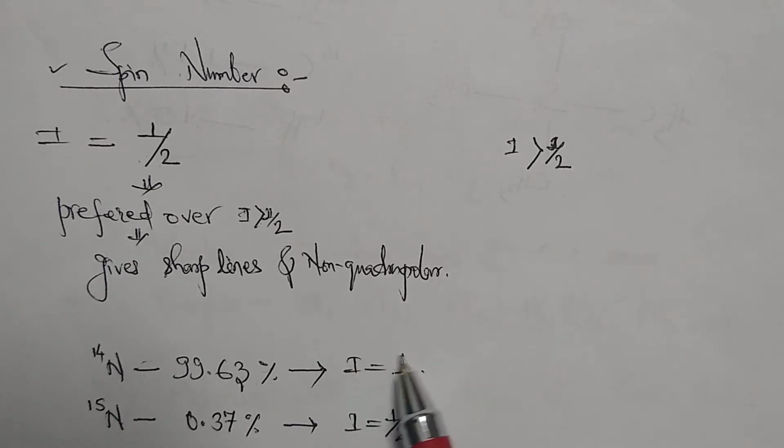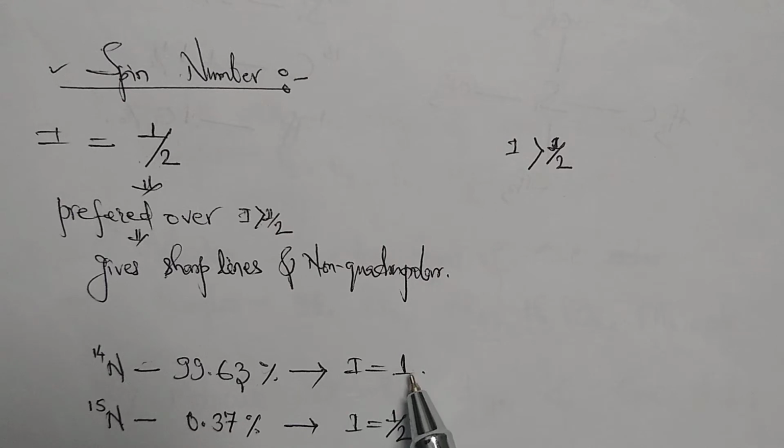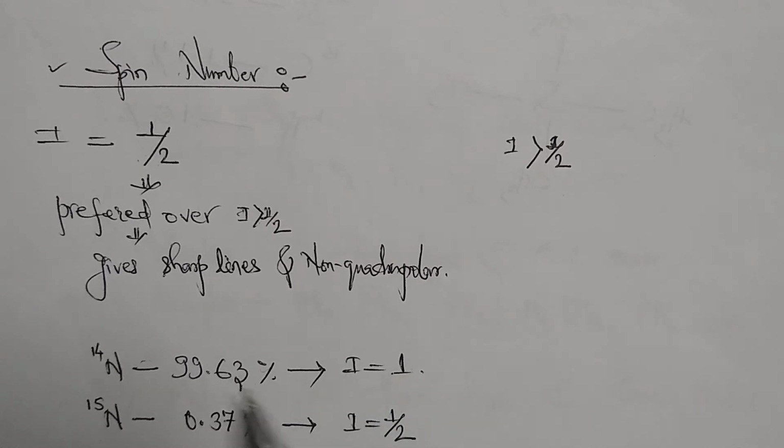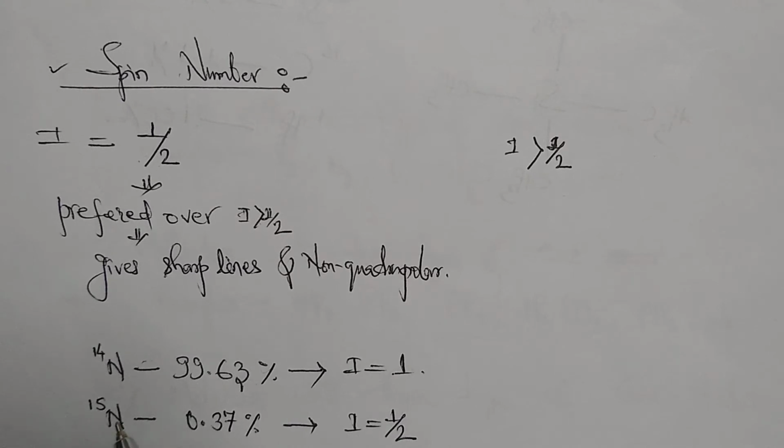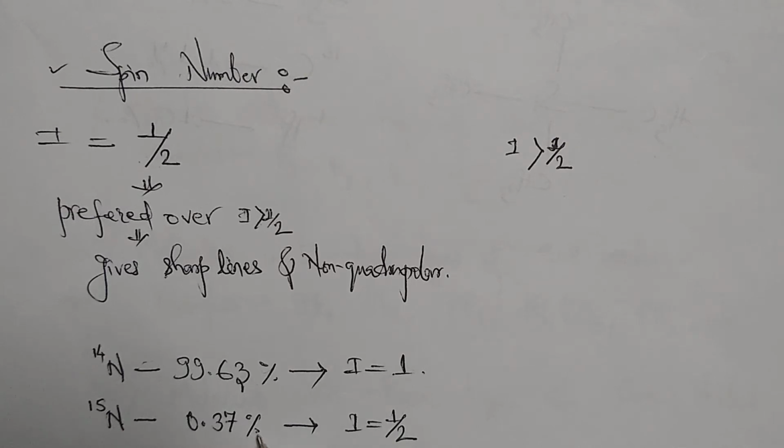As we have already seen, spin greater than half is quadrupolar, so it will not give an NMR signal as it is a non-magnetic nucleus. But 15N, the other isotope of nitrogen, has a natural abundance of 0.37%, which is very low, but it has nuclear spin half, which is magnetic and non-quadrupolar in nature, so it will give an NMR signal.